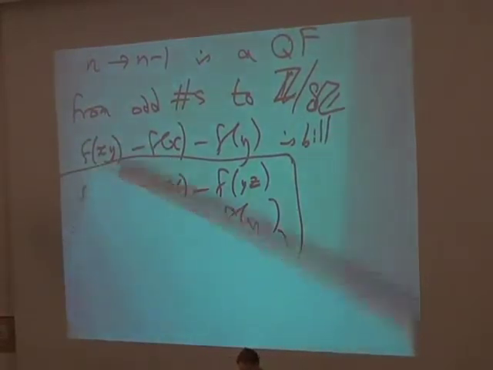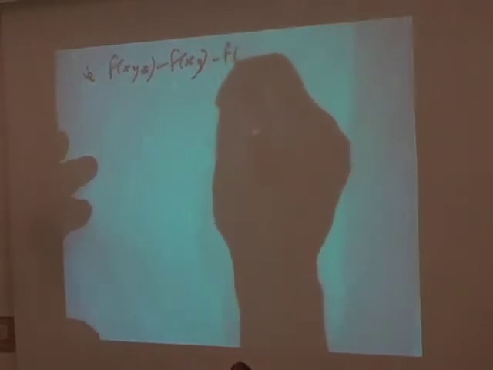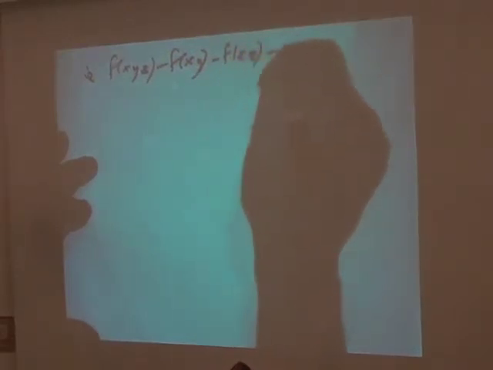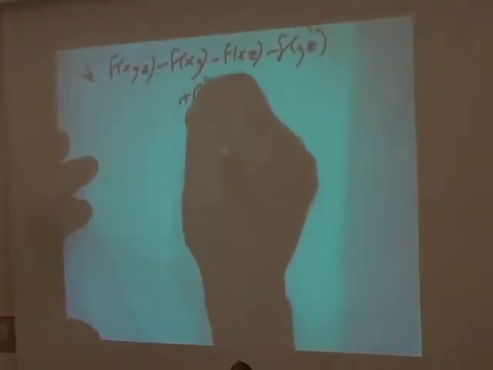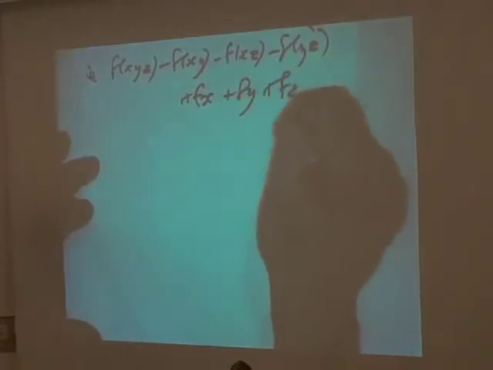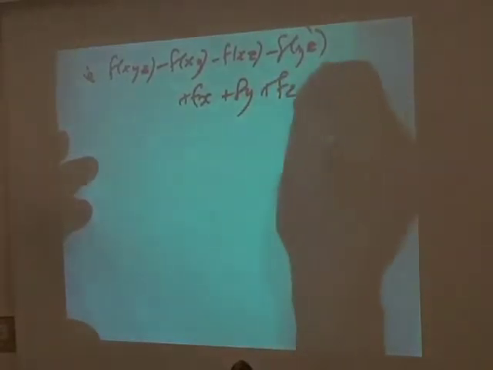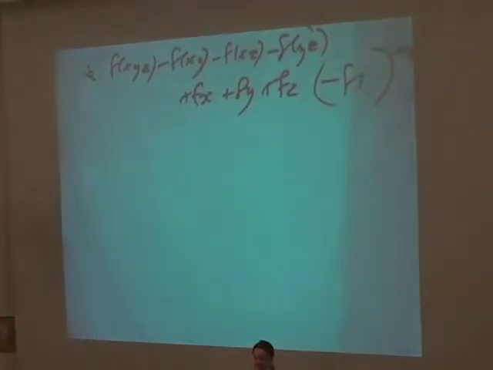What it is, i.e. f of x, y, z minus f of xy, and then there are three terms like that, xz minus f of yz plus f of x plus f of y plus f of z. And there's really a minus f of 1 there, but f of 1 is 0. That's the condition for a quadratic form, if you take out everything else.